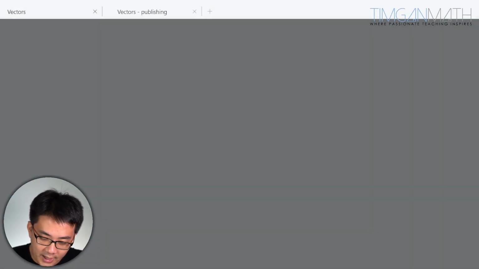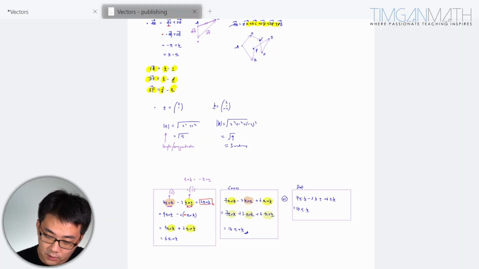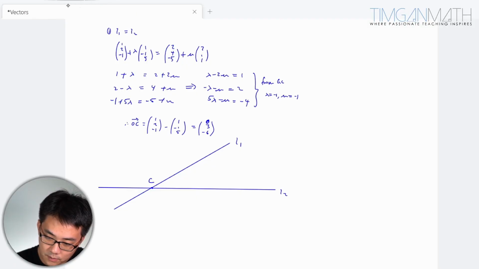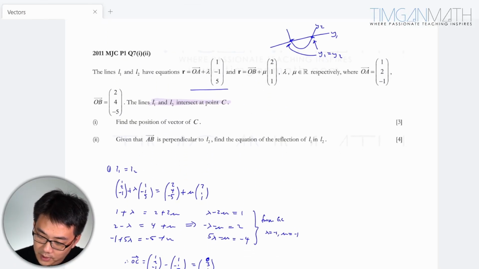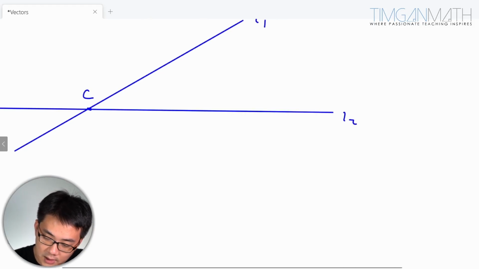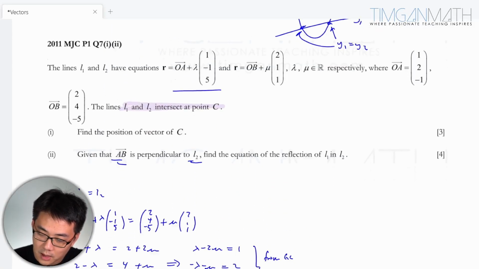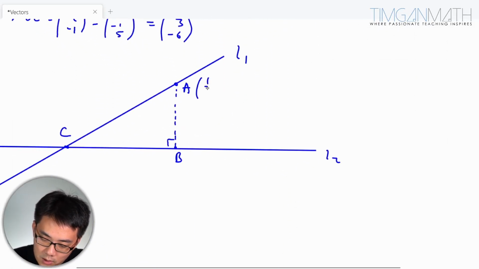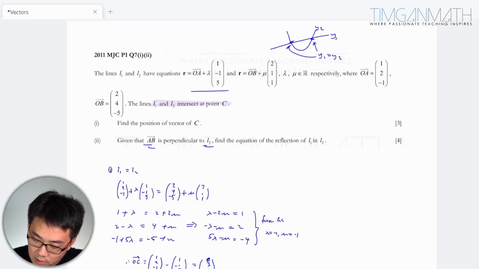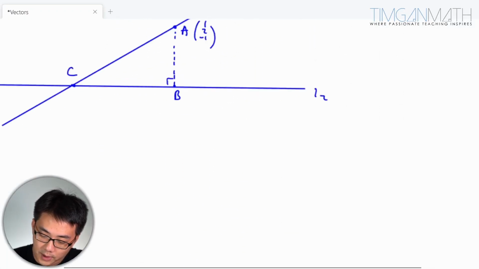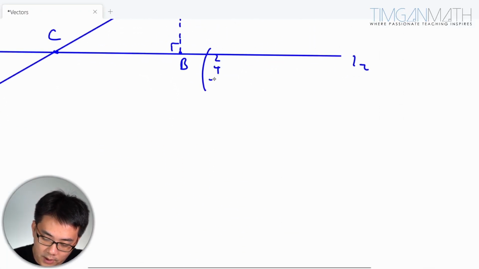Then you were told that AB is actually perpendicular to L2. So if A is here, then B will be here. Okay, they told you that this is 90 degrees. So A is 1, 2, -1. Then B is actually 2, 4, -5.